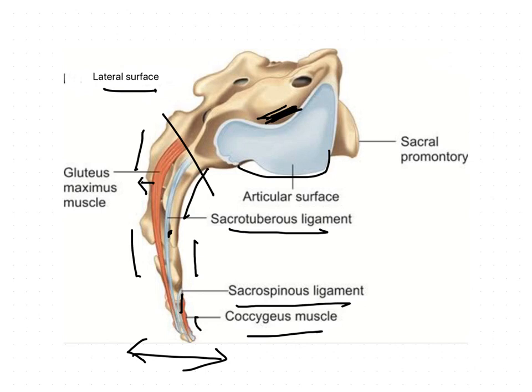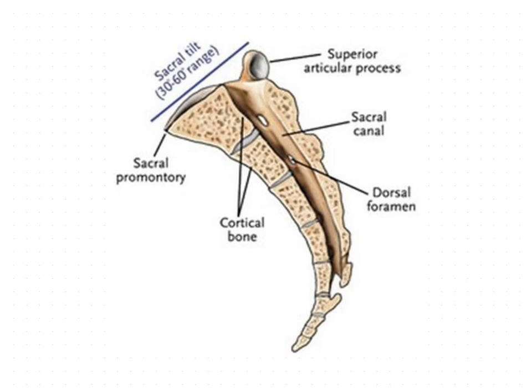Okay, this is about the lateral surface of the sacrum, and we will see the sacral canal. I have told that the sacral canal is present on the dorsal aspect. We will see that canal separately.